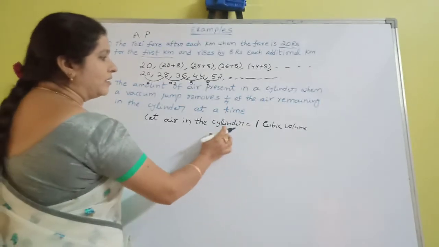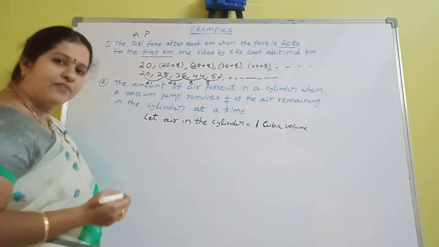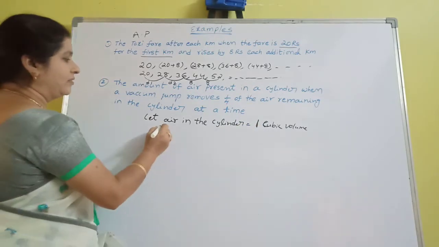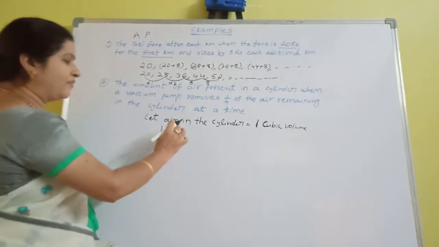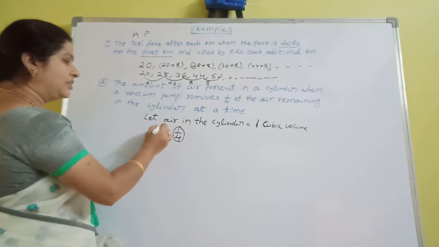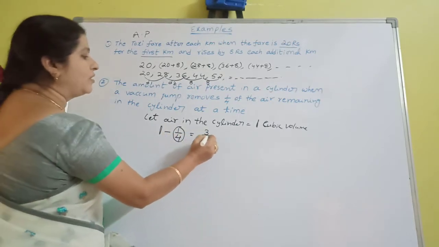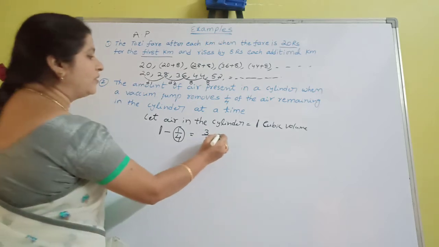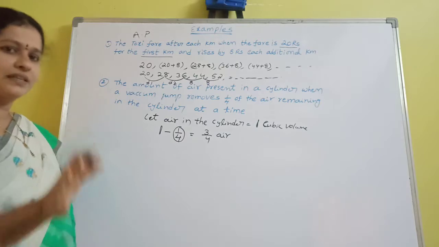The starting volume in the cylinder is 1. So what is 1/4 of 1? It is 1/4. If you remove 1/4 of the air from the starting volume, you get 1 minus 1/4, which is 3/4 of the volume. So 3/4 of the air is remaining in the cylinder.